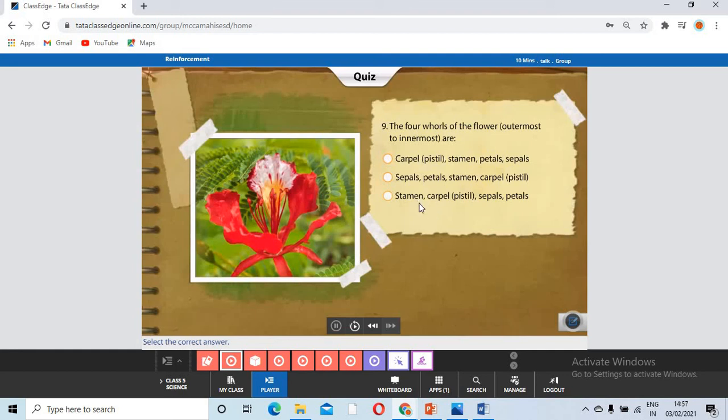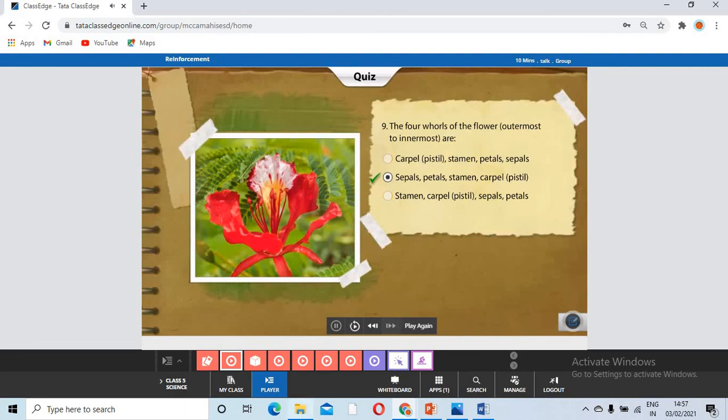Come on, you know the answer. The outermost, the first one, is sepals, right? Followed by petals, then the stamen, then the carpel. Okay.